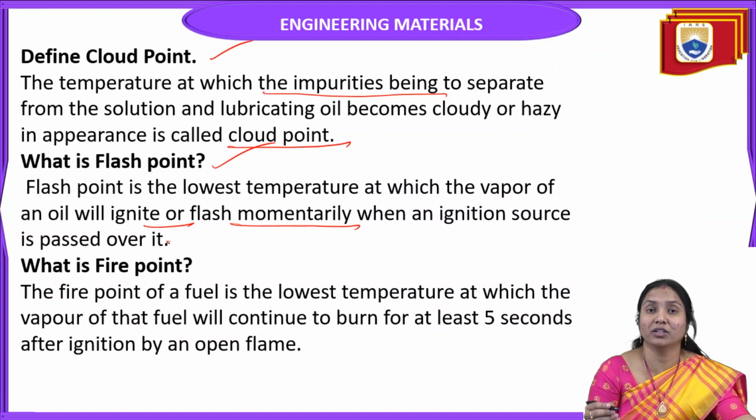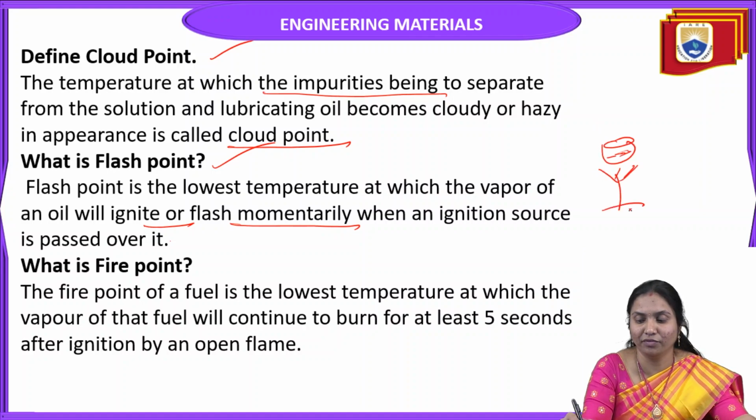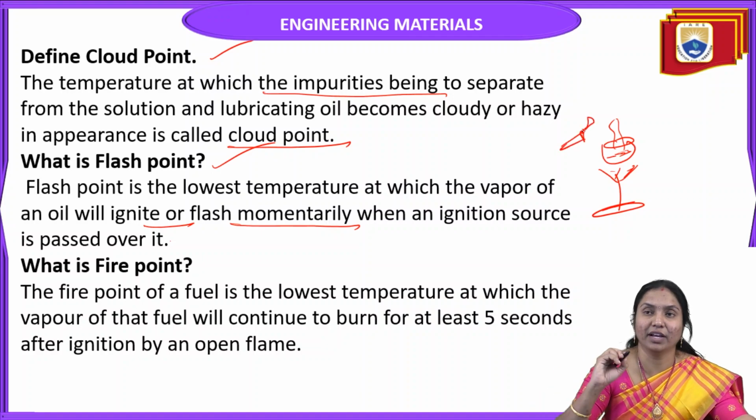In theory class we already discussed the properties of lubricants. How can we determine the flash point and fire point? For example, in an open cup, we heat the lubricating oil with a small flame. At which temperature does the oil give enough vapors, so that at that moment it is ready to catch fire? That is called the flash point.